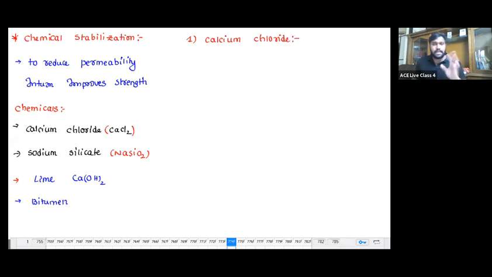In the case of calcium chloride, CaCl2 is a water repulsing agent to the soil. I hope you remember the calcium chloride test in chapter number 2.